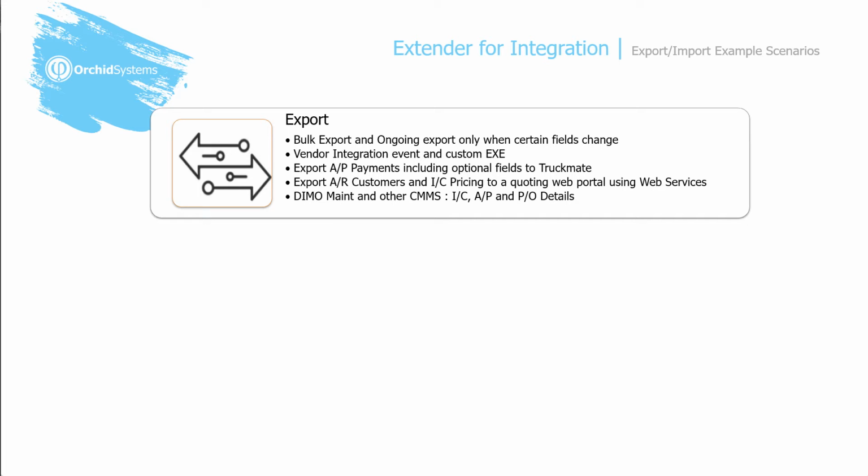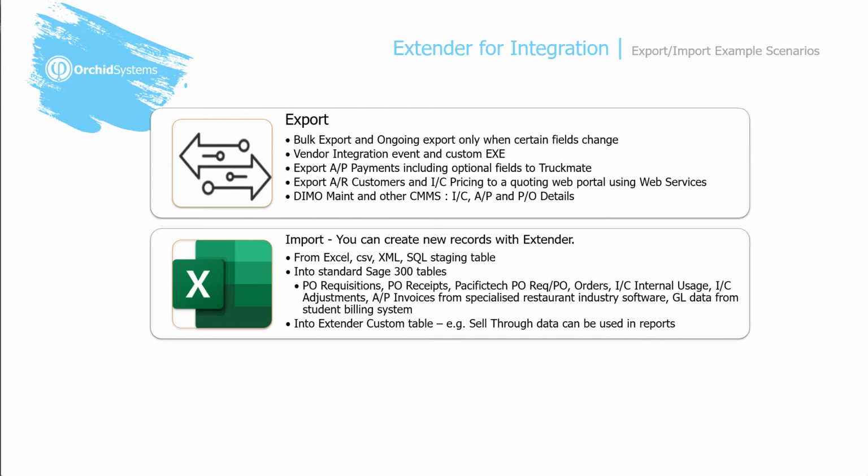In the DemoMain integration and other asset management maintenance systems, we would typically export details from IC items, IC stock location details, reorder quantities, AP vendors, purchase orders, purchase requisitions, purchase receipts, and purchase invoices, depending on the scenarios.